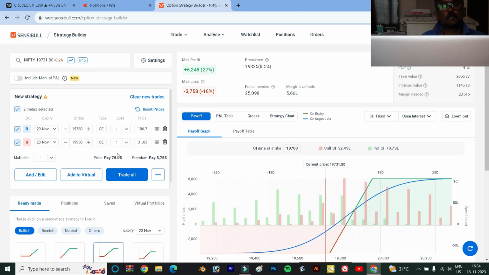The buy leg is the debit side, and the sell leg is the credit.